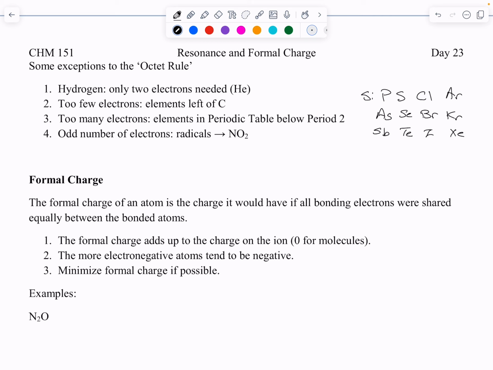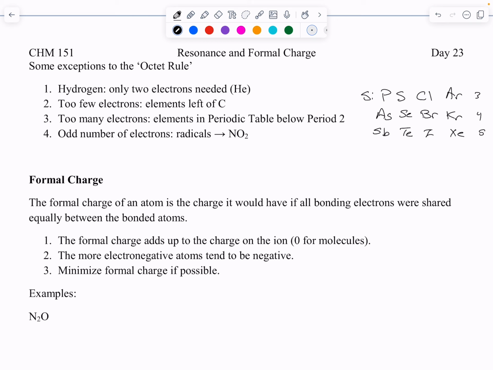So that's period 3, 4, 5. Though they can have more than 8. How do we know? Well, they make compounds that exist that would need more than 8 valence electrons. We'll show you some examples, but they exist.